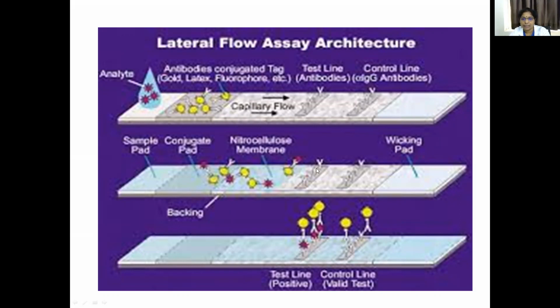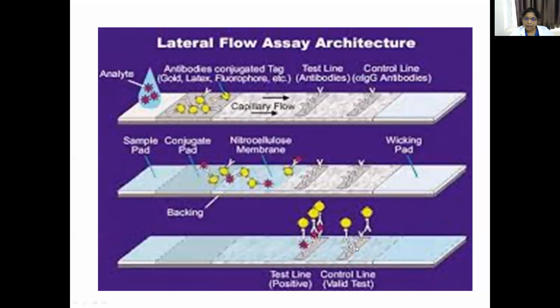Next it will go to the test line. What is there in the test line? The capture antibody. So it will bind to the capture antibody. The antigen is sandwiched between the colloid gold antibody and the capture antibody. That is the sandwich ELISA concept taking place in lateral flow immunoassay.